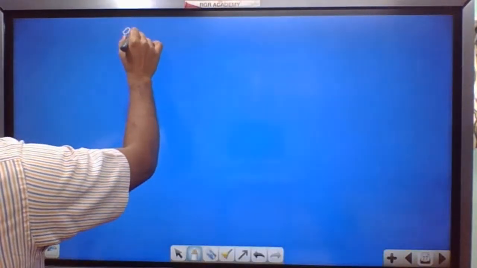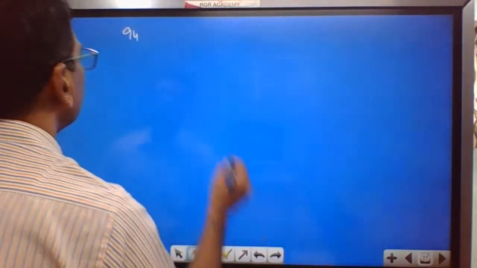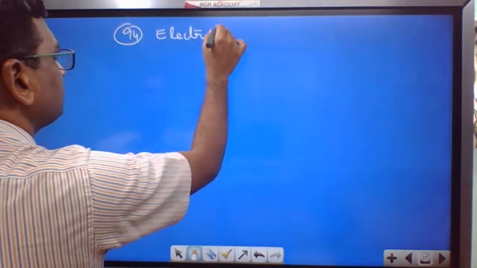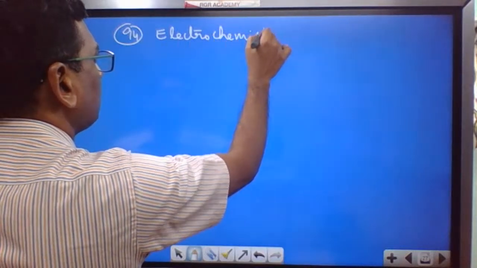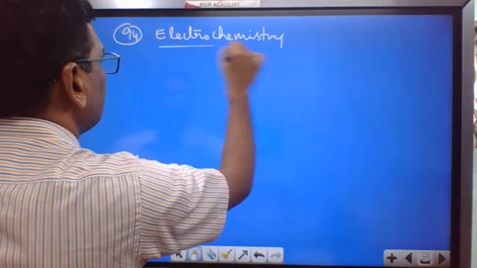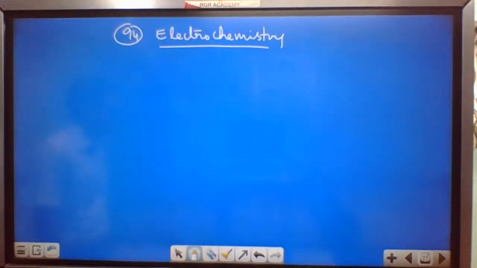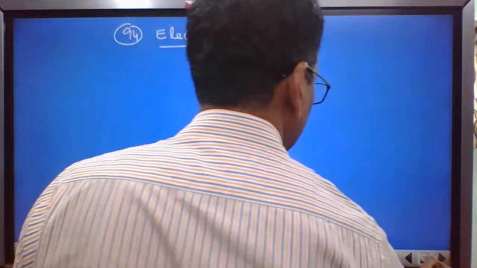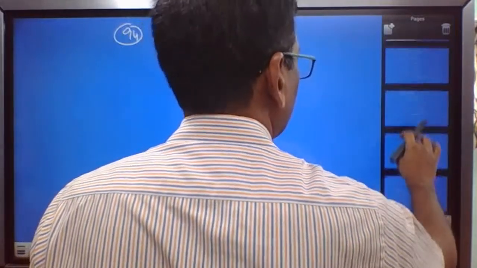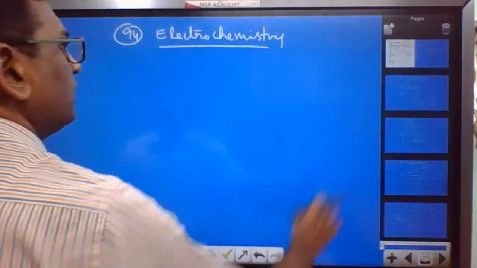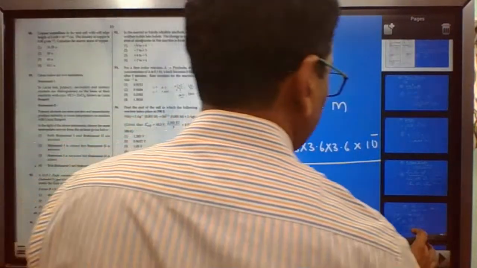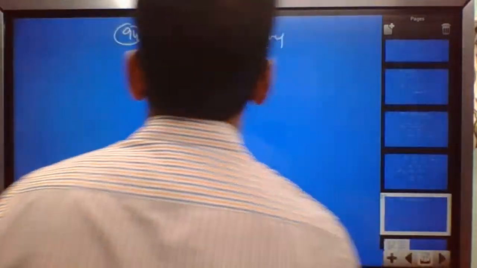Question 94 is given from electrochemistry. So in section B, you have a chance to leave 5 questions without attempting. This is actually given on the Nernst equation.